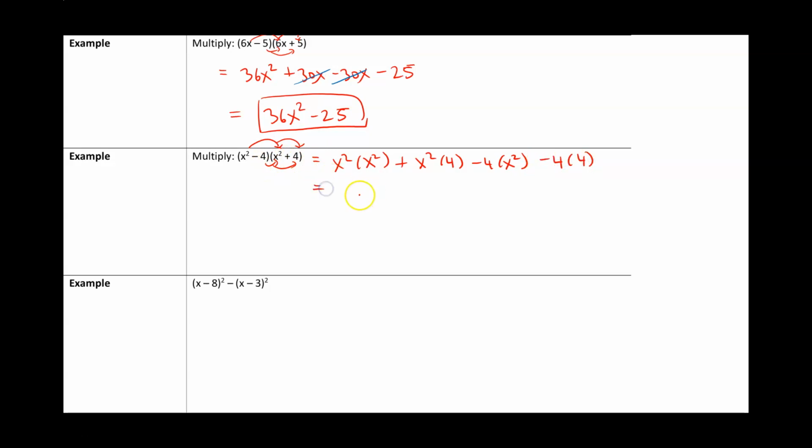If I simplify that, remember when you multiply the same base, you add the powers. So 2 plus 2 is 4. This gives you x to the 4th. X squared times 4 is 4x squared. Negative 4 times x squared is a negative 4x squared. And negative 4 times 4 is a negative 16. Then I combine my like terms, so I cross out the two middle terms. And all I'm left with is x to the fourth minus 16.